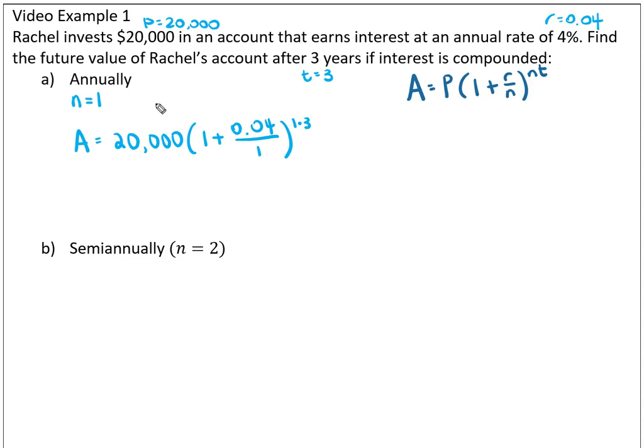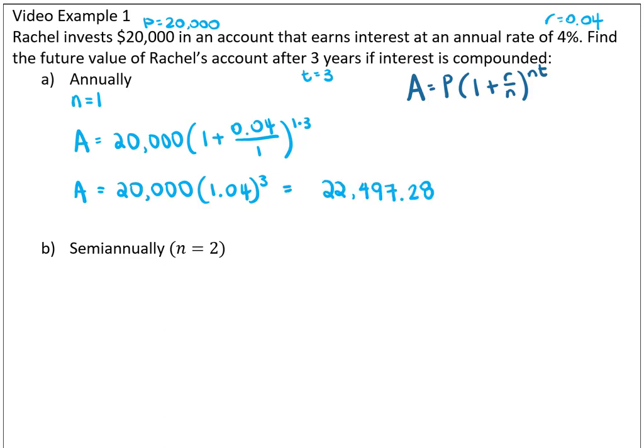So plugging that n value into our formula, we can simplify this a little bit before plugging into our calculator. Okay, and so make sure that you take 1.04 to the third power first and then multiply by 20,000. Or use your graphing calculator, it will know which order to do the steps.